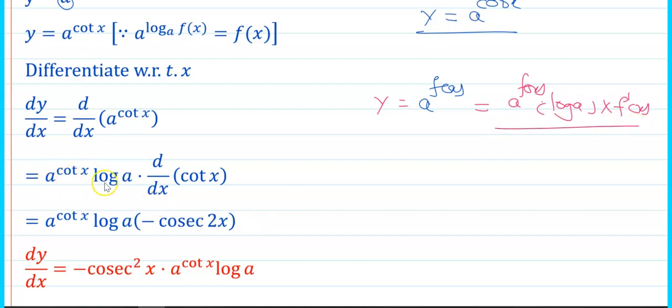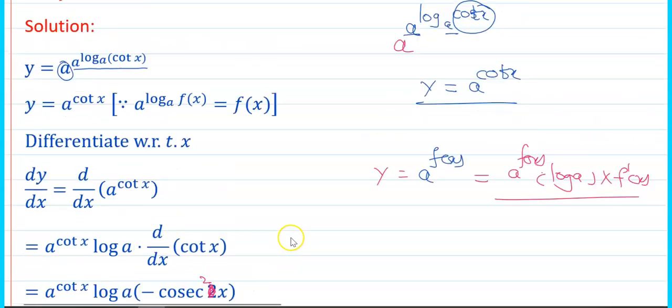Similarly, a raised to cot x into log a into d/dx of cot x, which is minus cosec square x. Here cosec square x is needed. The derivative of cot x is minus cosec square x. And therefore the answer is dy by dx is equal to minus cosec square x, then a raised to cot x and then log of a.